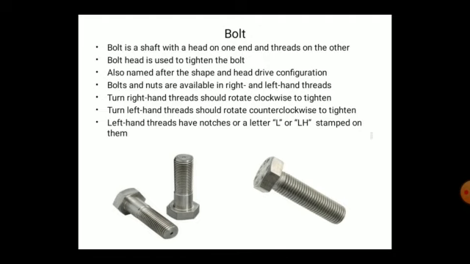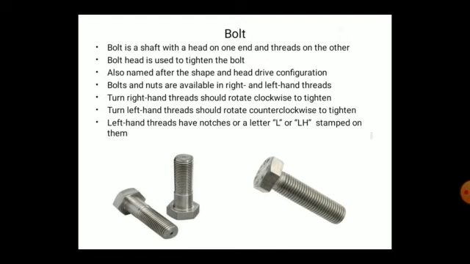And what do we mean by left hand and right hand? It is very simple. If you want to tighten the bolt, right hand means you have to move the bolt in a clockwise direction. If you move the bolt clockwise and it gets tightened, it is a right handed thread bolt.